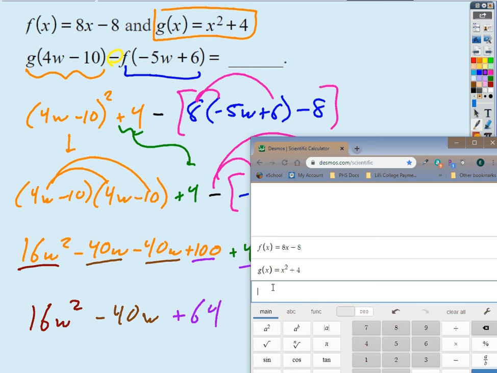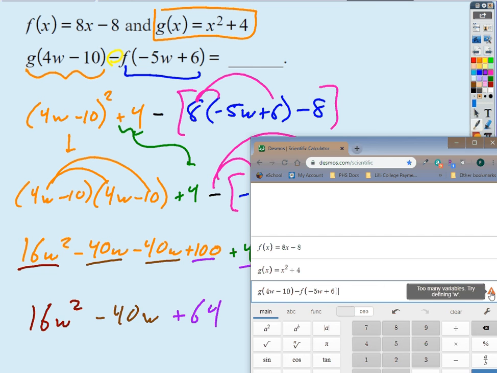Now watch this. This is pretty cool. We could do this whole expression up here. I could do g of the quantity 4w minus 10 minus f of negative 5w plus 6.